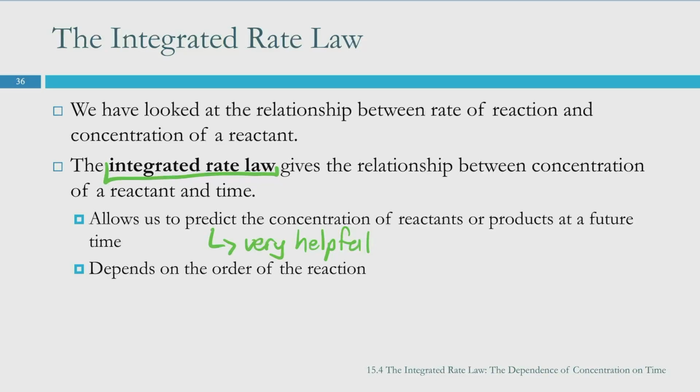And the version of the integrated rate law that we use depends on the order of the reaction. For us, that's going to be 0, 1, or 2 for the order. You might be thinking to yourself, there's already so many equations that we've looked at that are all kind of similar.